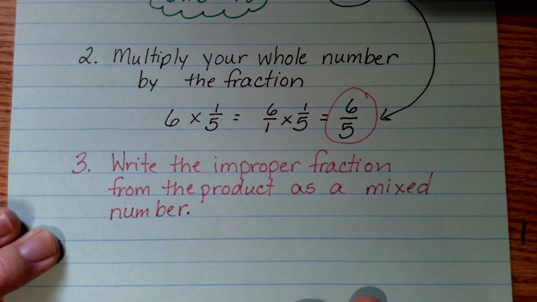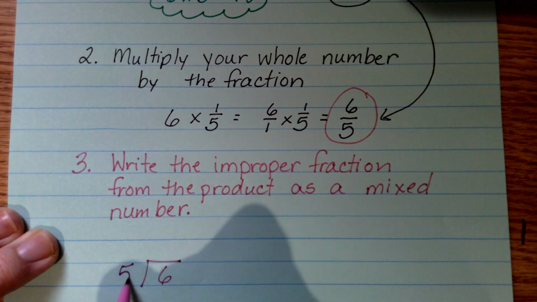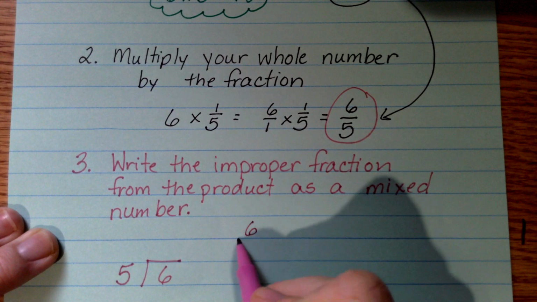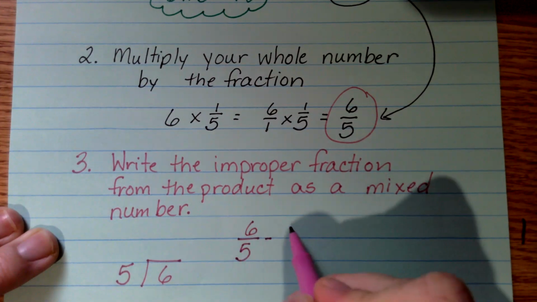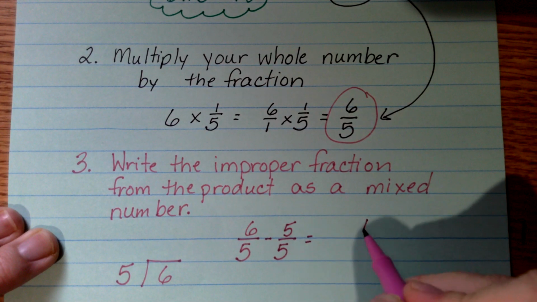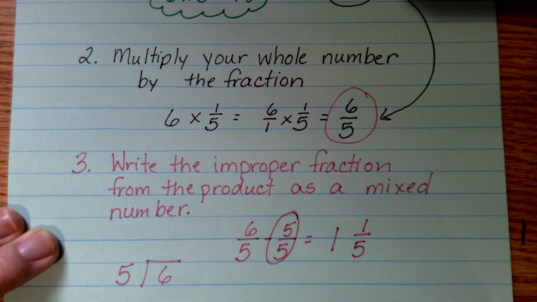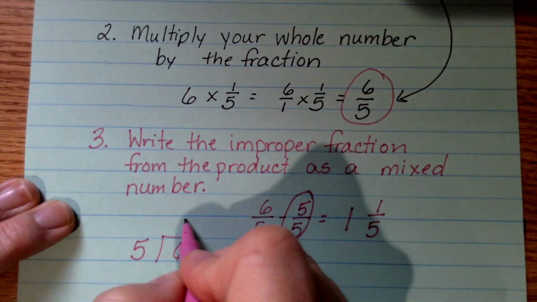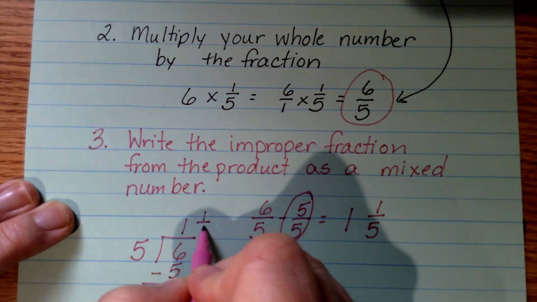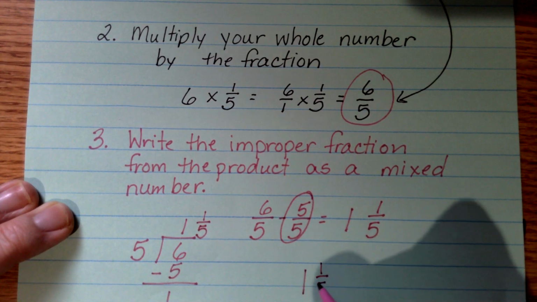Okay, normally what we would do is we would divide the numerator by the denominator. You can do it that way, or you can realize, oh, 6/5 minus 1 whole, which is 5/5, leaves me with 1/5. So I would have 1 whole and 1/5. Again, you can do the division. You're still going to end up with 1 and 1/5.